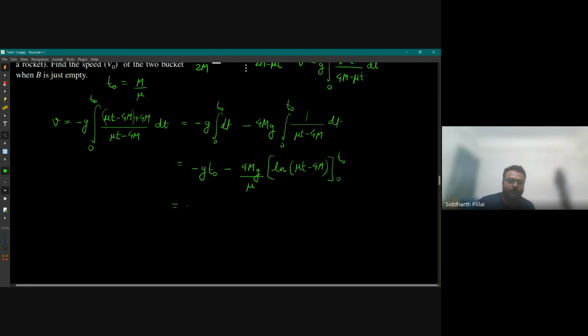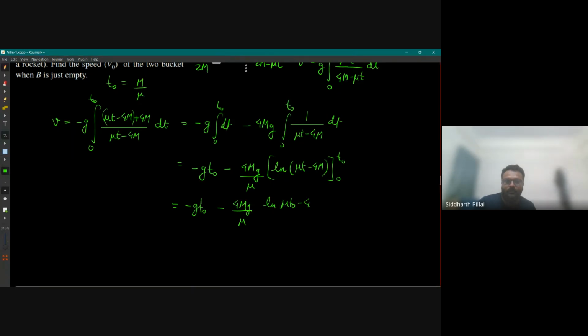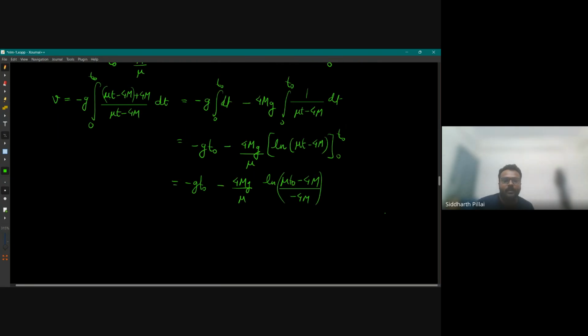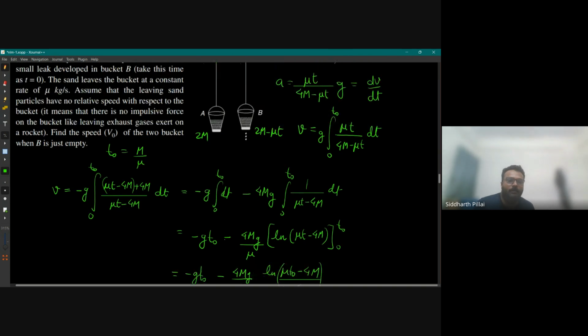So let's substitute. Minus g t naught minus 4mg by mu, and this would be ln of (mu t naught minus 4m) divided by minus 4m, putting t equals 0. Correct? Now let's substitute t naught equals m by mu.